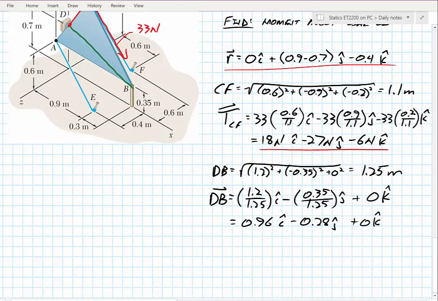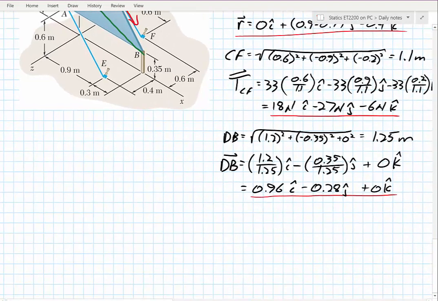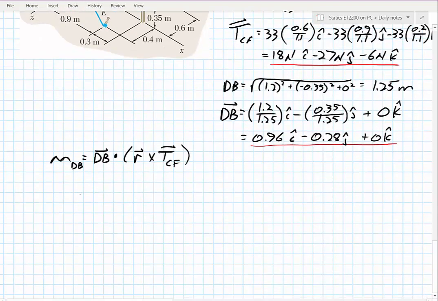Once I have these three pieces of information in component form, I look back and say, what I just defined is the moment about a line. In this case, the moment about DB is equal to the unit vector DB dot product with R cross T, CF. Putting that into matrix form, the top line is going to be the components of this line, since that's first in the order.